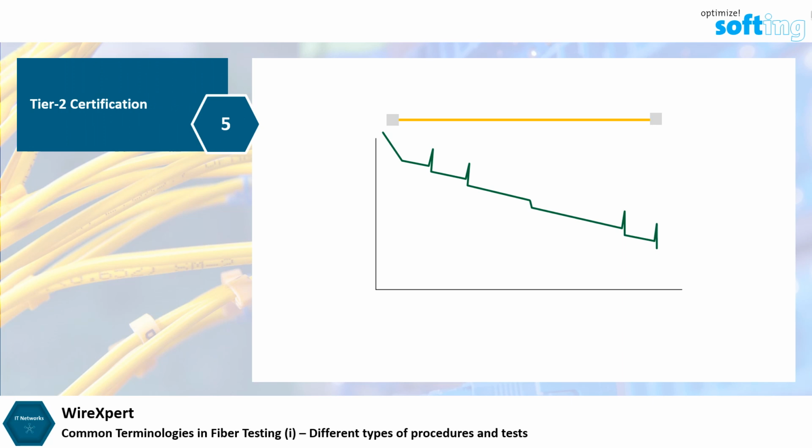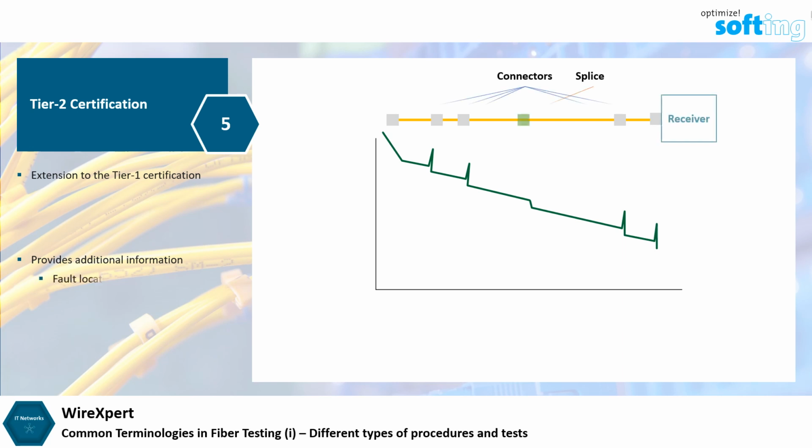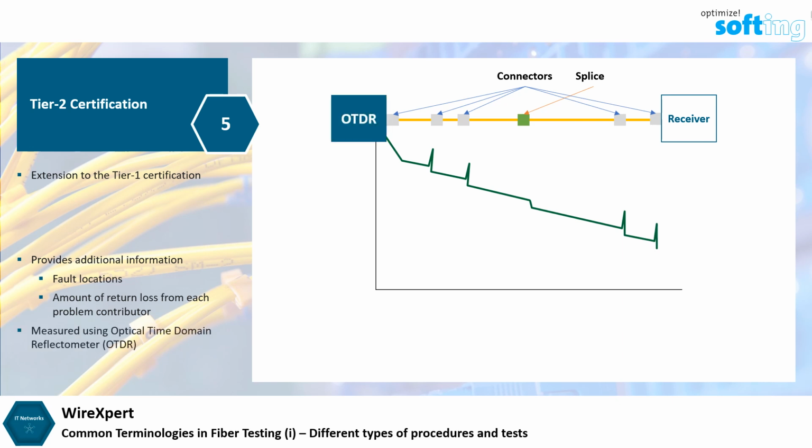Tier 2 certification is an extension to the Tier 1 certification, providing additional information such as pinpointing fault locations and the amount of optical return loss from each problem contributor. This measurement can be performed using the optical time domain reflectometer, or OTDR.